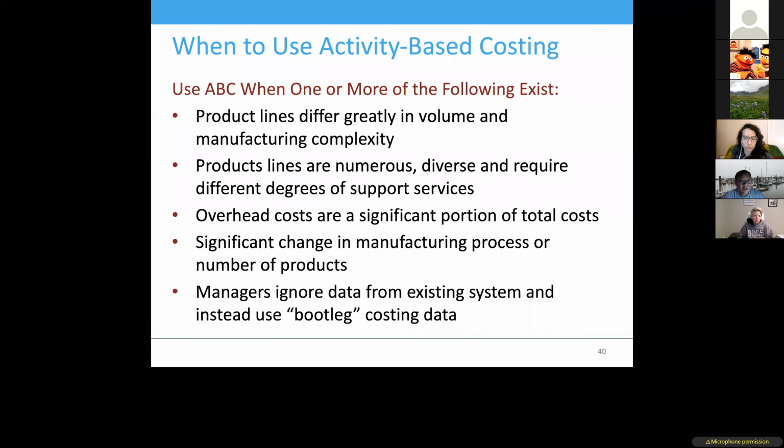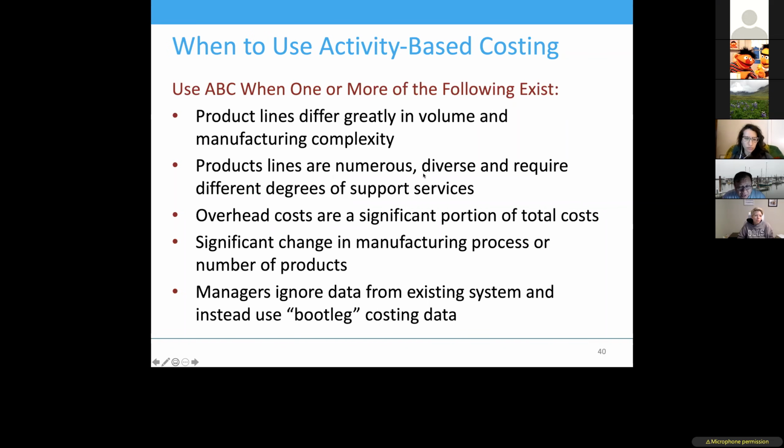The manufacturing complexities also differ: one product may require 4 or 5 activities, very complex, and the other may only need 1 activity. In this case, ABC is more appropriate for allocating overhead, because you are going by the cost pools.